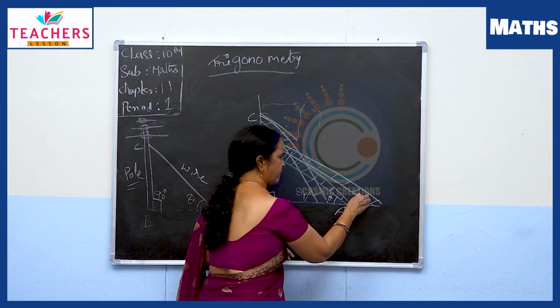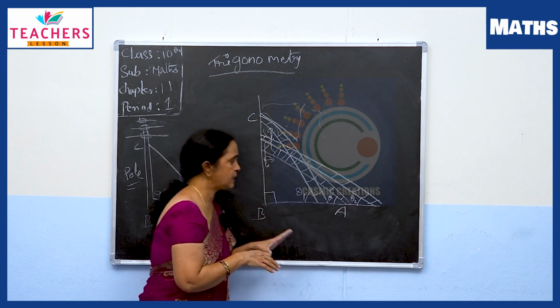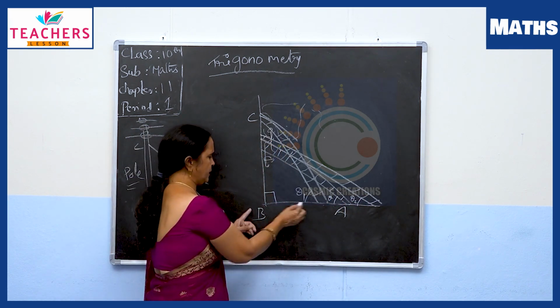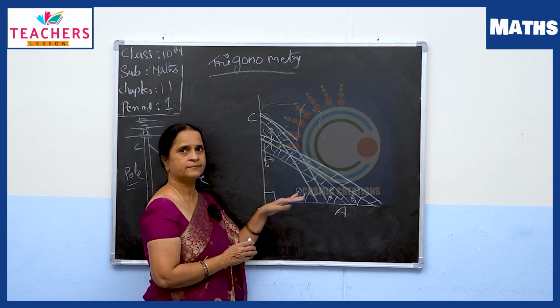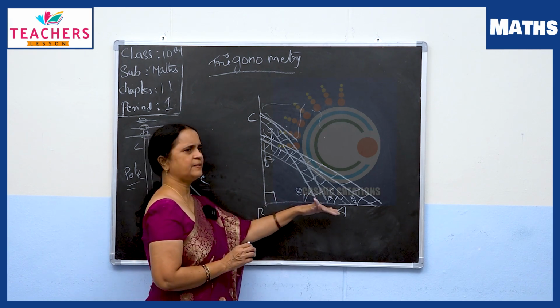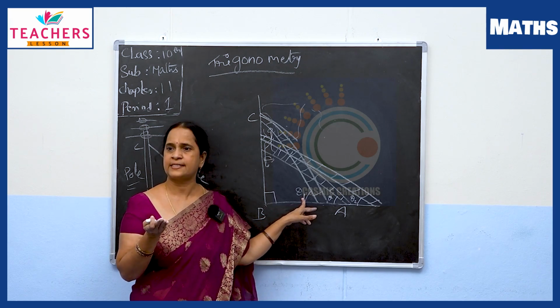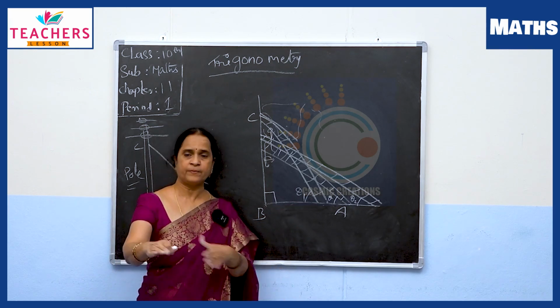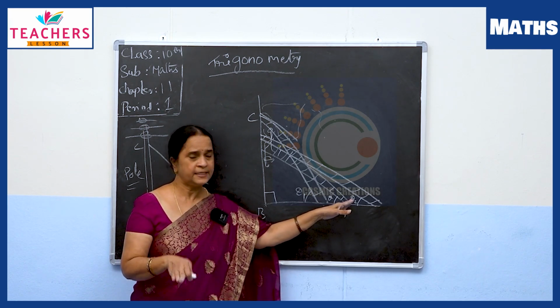Then what happens to the angle here? The angle reduced. If it comes very close to the wall, the angle is rising. If it goes away from the wall, then the angle is decreasing.